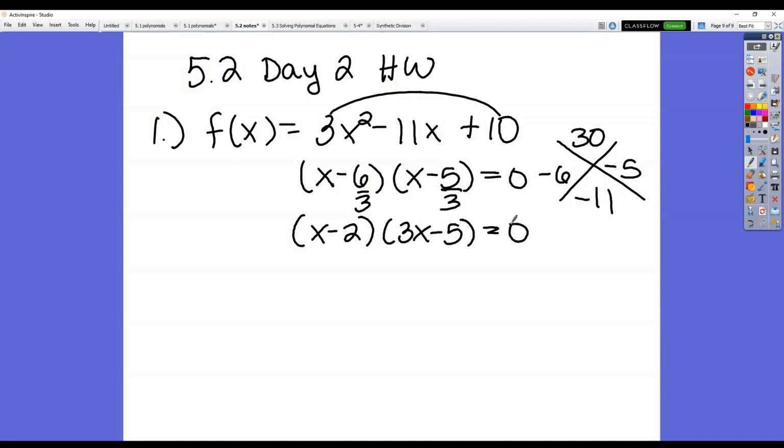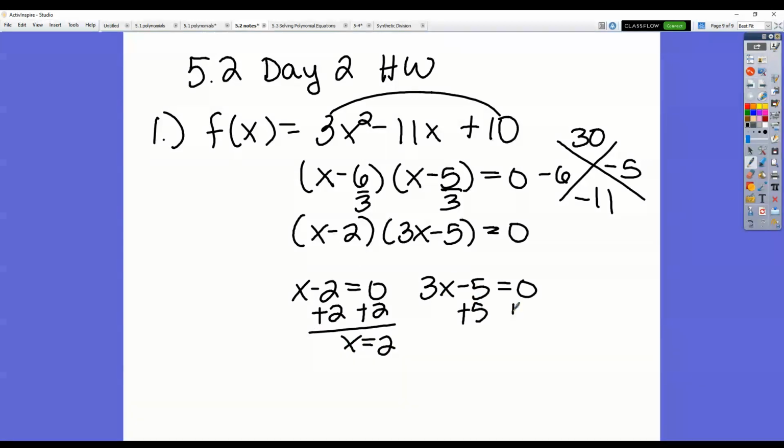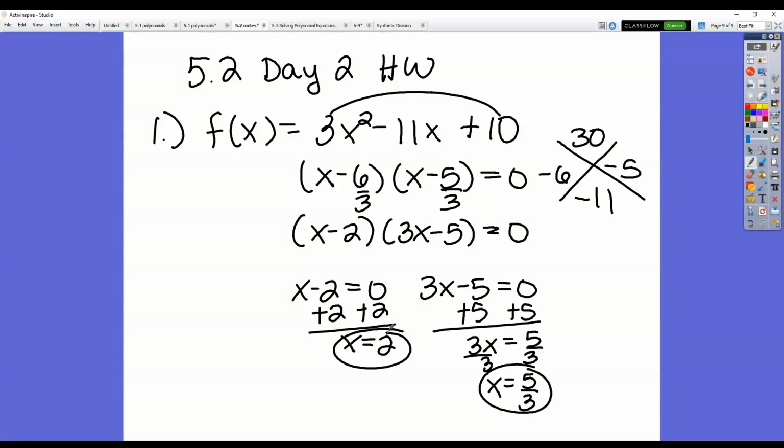Okay, so we got it factored, now solve. So these are my zeros on the first one, x equals 2 and x equals 5/3.